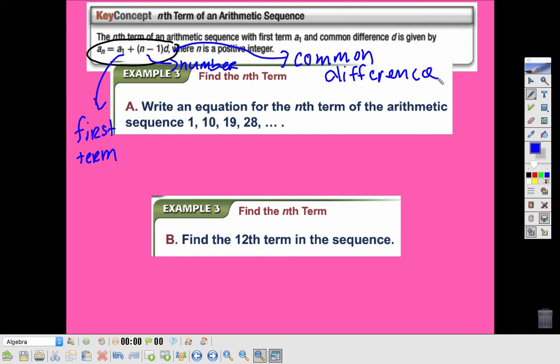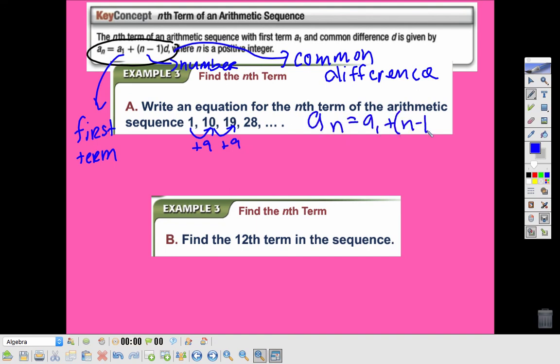So, write an equation for the nth term of the arithmetic sequence. So what's our first term when we are looking at this sequence? 1. Okay? And what do we need to notice? What else do we need to find? 9. What are we doing each time? We're adding 9. Okay? So each time we're adding 9.